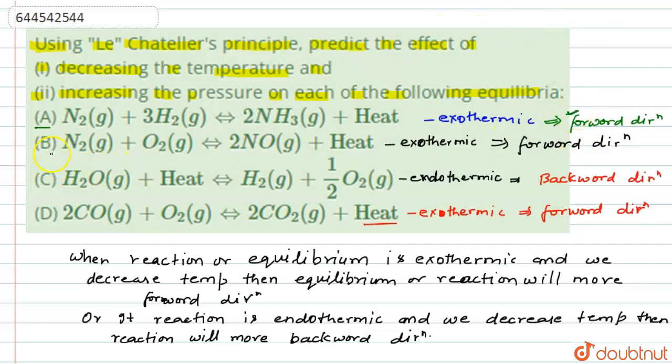And in the B reaction, on the reactant side there are 2 moles, 1 mole of N2 and 1 mole of O2, and the product side is also 2 moles. So when we increase the pressure, there is no change.